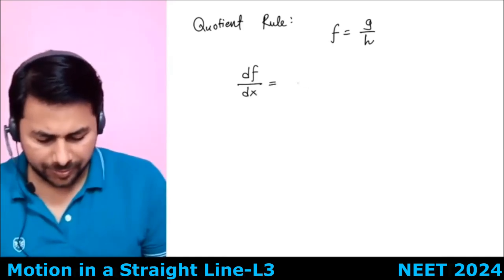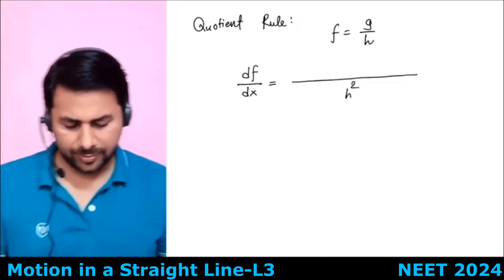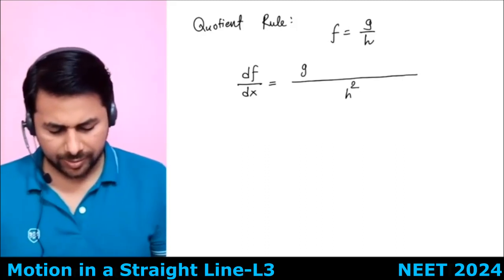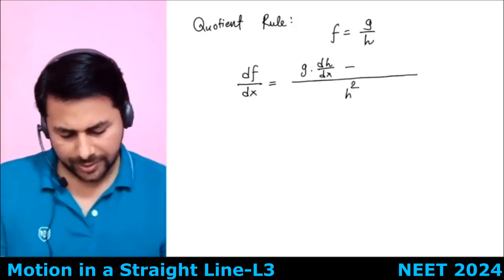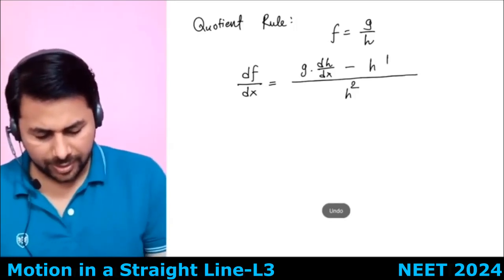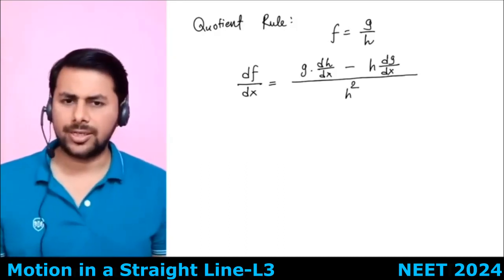It will be equal to, in the denominator you have h square, then you have the numerator as it is multiplied by dh by dx minus h as it is multiplied by dg by dx. So is this correct?